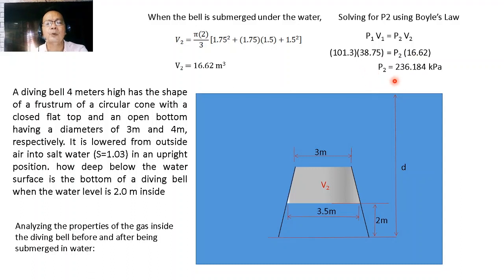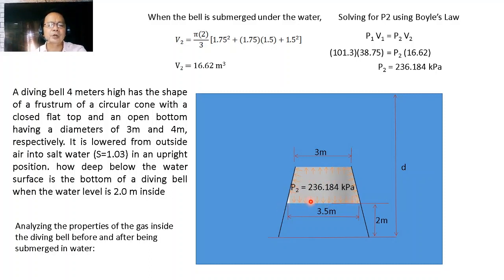Our P sub 2 becomes 236.184 kilopascals. This now becomes the pressure of the vessel inside, or the frustum inside, which is acting all throughout the surface of the frustum, including this part of the water.